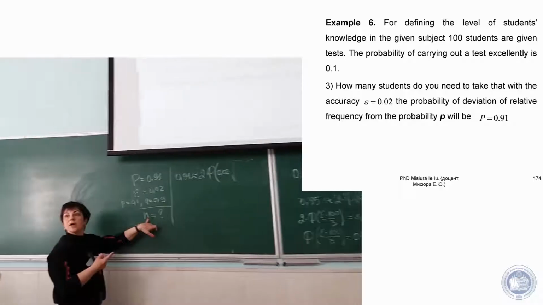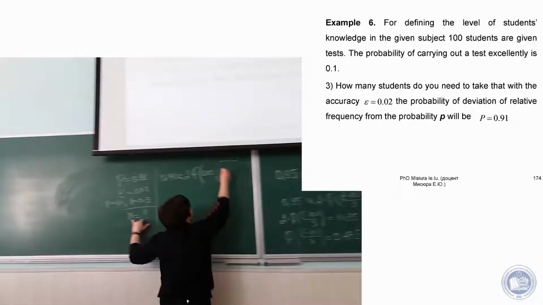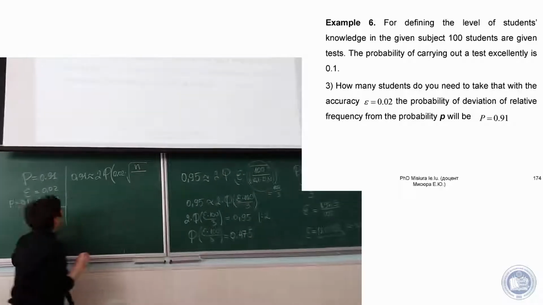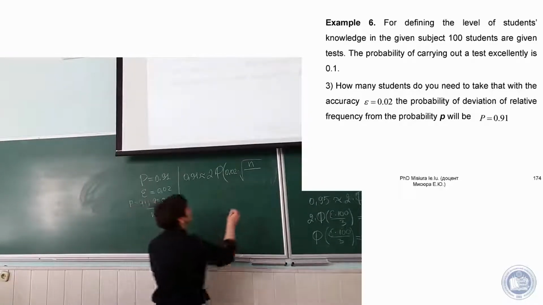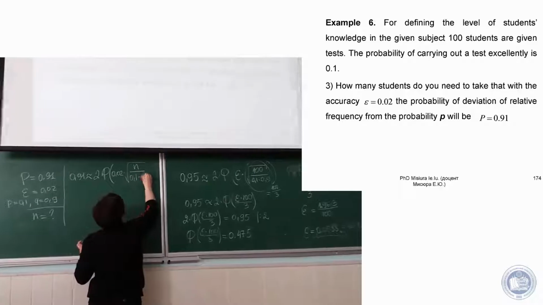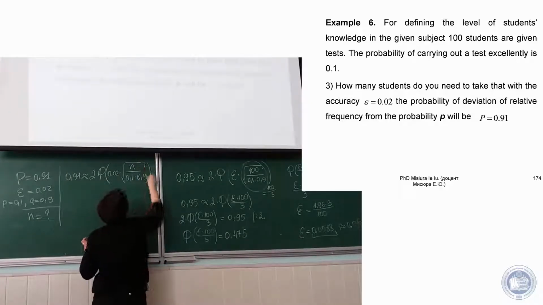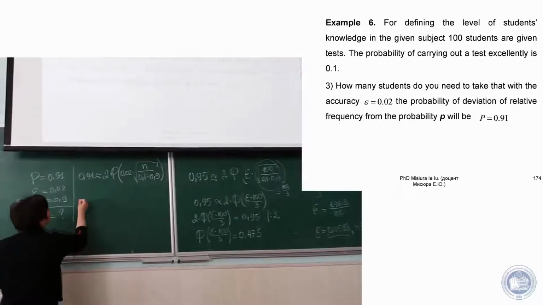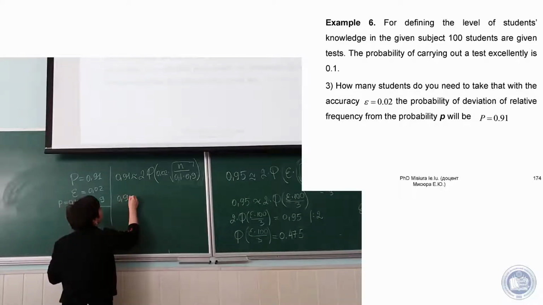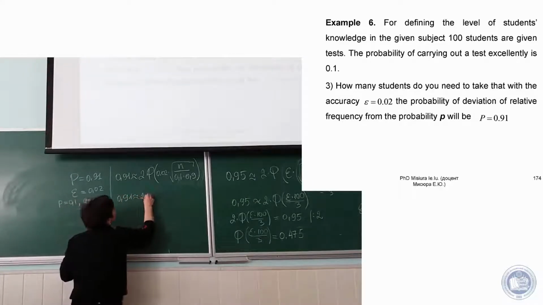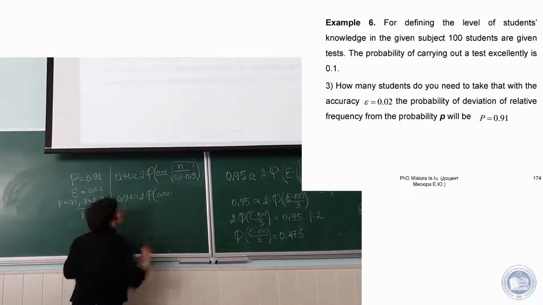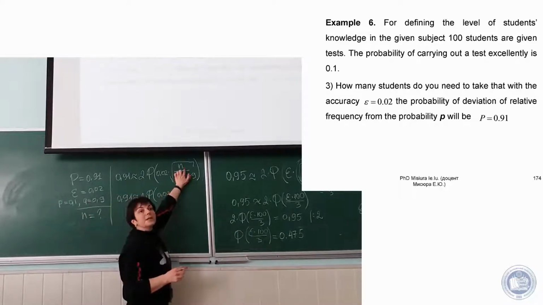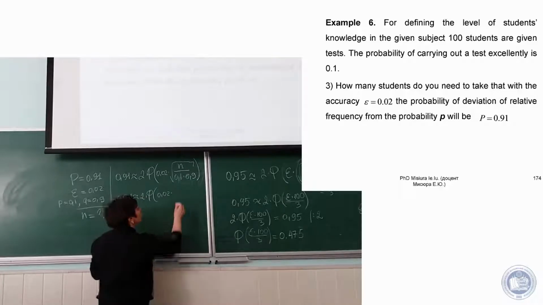N is unknown. Okay, n divided by p times q, 0.1 times 0.9. Okay, let's substitute. 0.91 approximately equals 2 times phi, 0.02 times. N is unknown. Let's leave root of n.